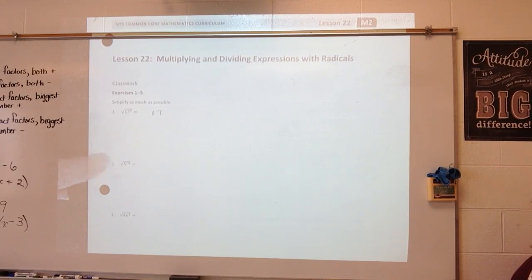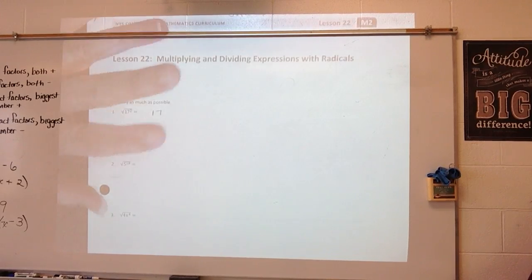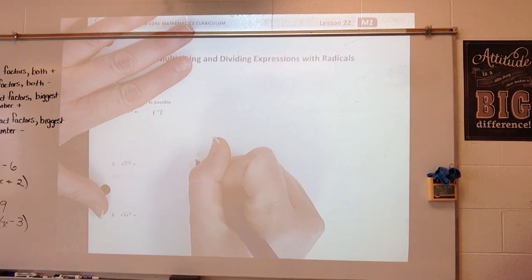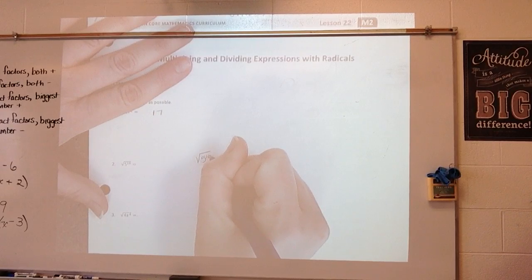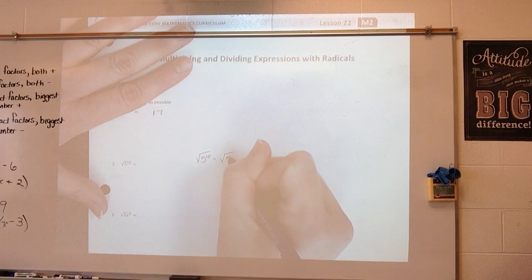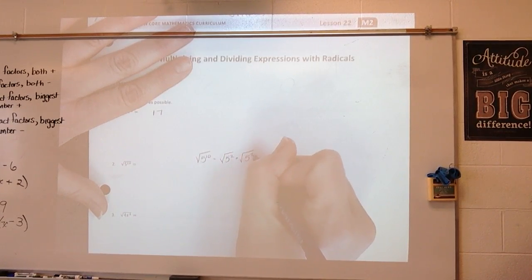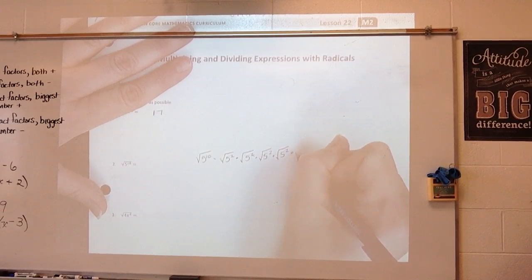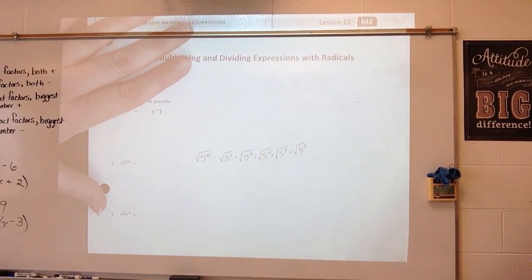All right, let's look at the square root of 5 to the 10th power. Let's think about this for just a second. 5 to the 10th power can be changed just a little bit because I want to simplify this. So I can do 5 squared times 5 squared, that's 4, 6, 8, 10.